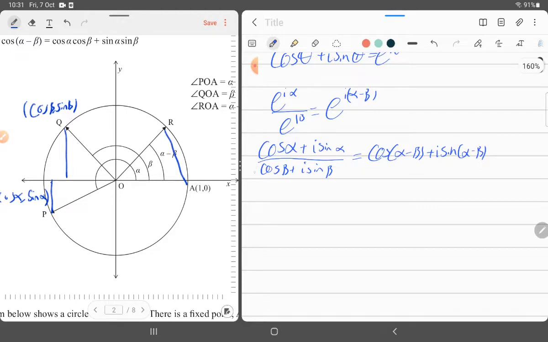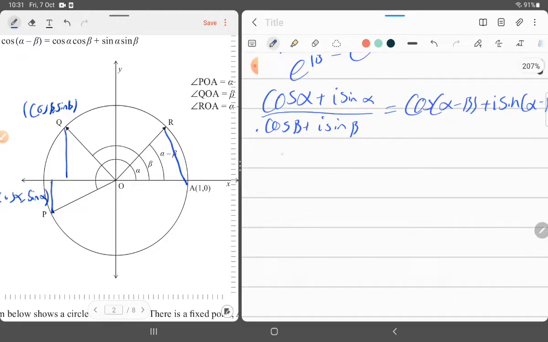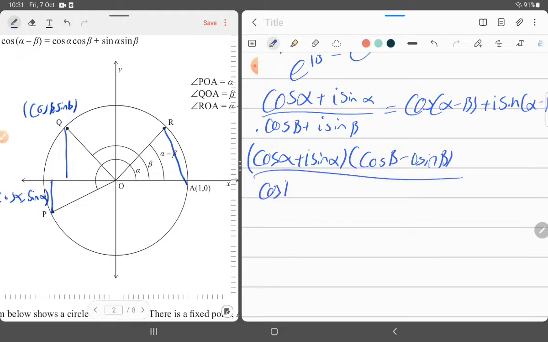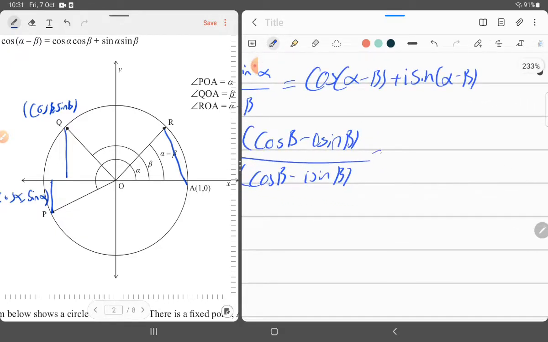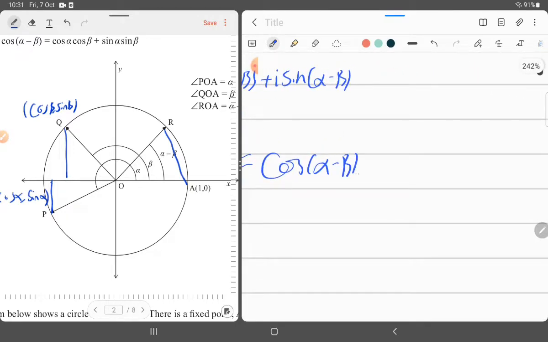We multiply the denominator by the conjugate. Cosine alpha plus i sine alpha times cosine beta take away i sine beta, all over cosine beta plus i sine beta times cosine beta take away i sine beta, is equal to cosine alpha minus beta plus i sine alpha minus beta.